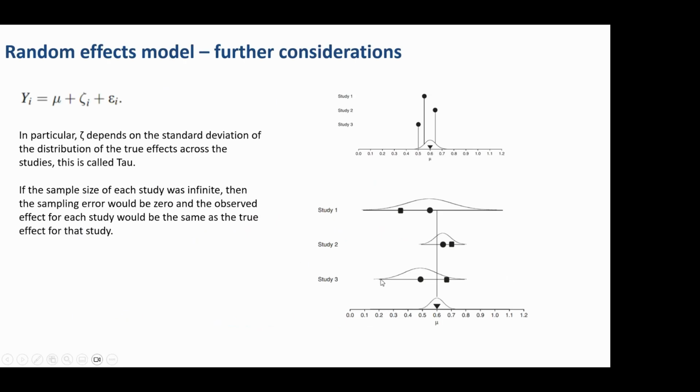And this is more complex, but says the same. So study 1 will have this true effect size, but the observed one is here. The second study is slightly to the right, not right below the same circle, and the observed value is this square here, and so forth and so on.